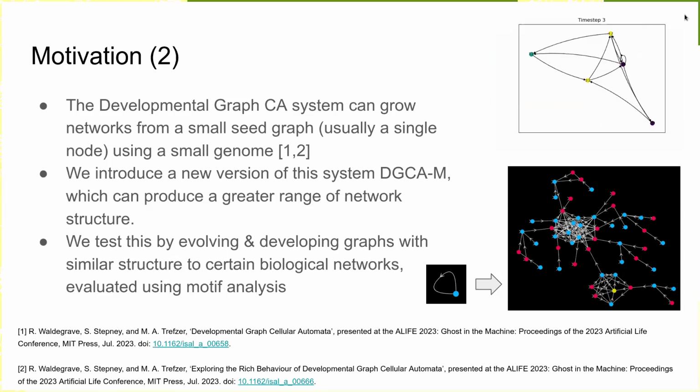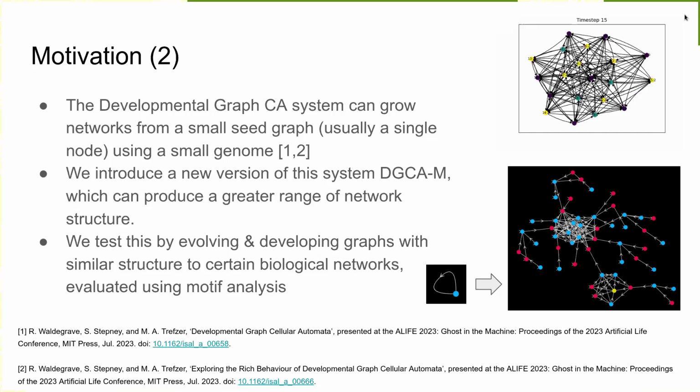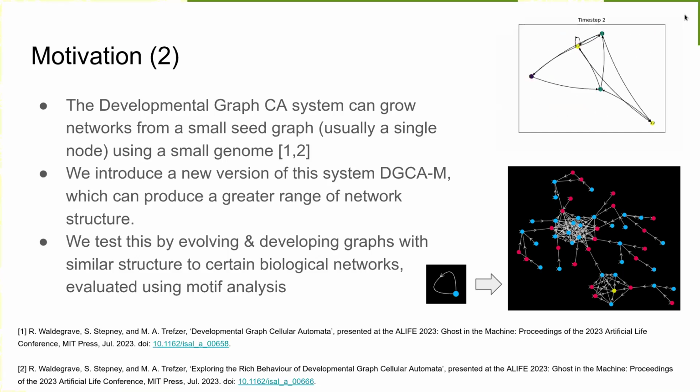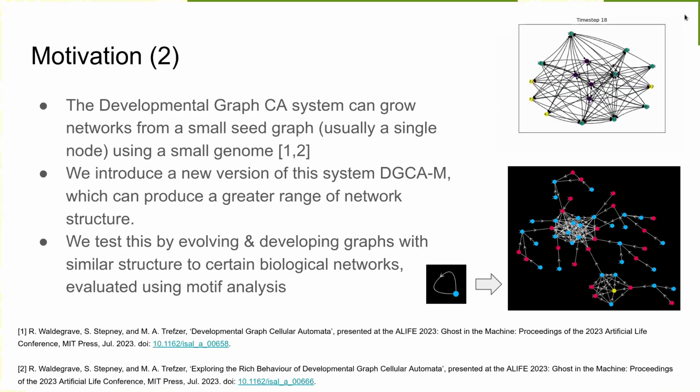So the second part of the motivation is that at last year's A-Live conference, we introduced this EGCA system, which is shown in the top right. You start with a very simple network, which could even be a single node, and then it grows and adds more nodes.